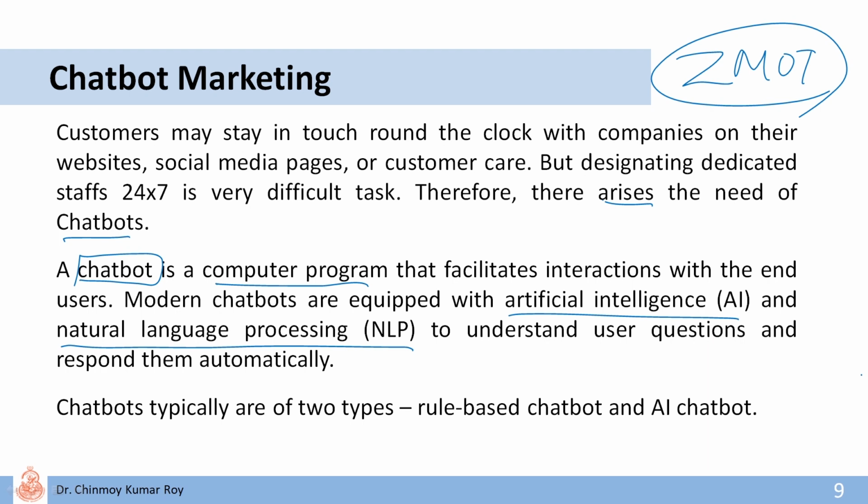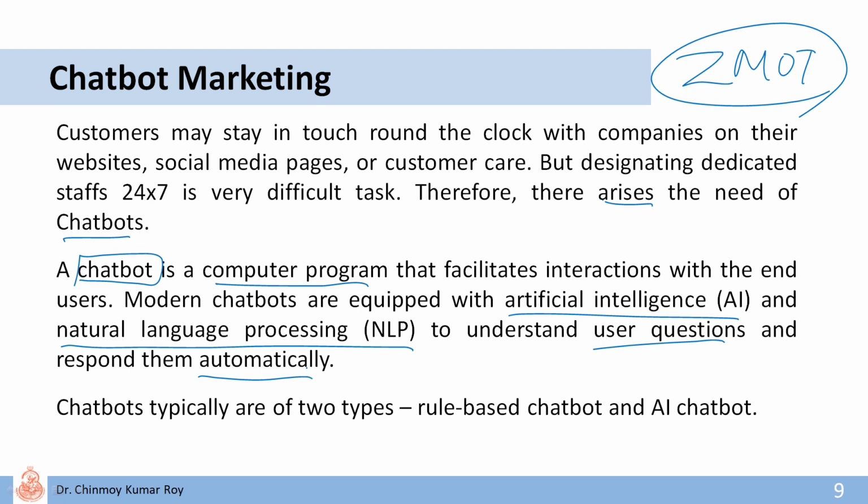The artificial intelligence also gets to know what sort of answers could be relevant. So artificial intelligence and natural language processing understand what the user's question is, and accordingly respond automatically.